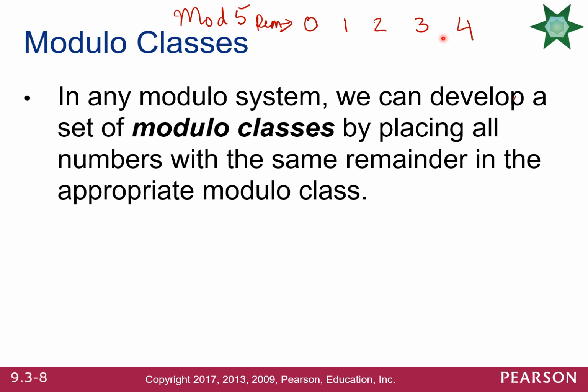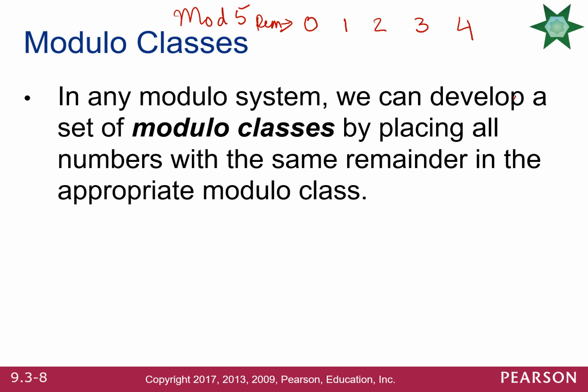We will see a concrete example in the next slide for a mod 7 system, but this is just to introduce you to what modulo classes are. It says in any modulo system we can develop a set of modulo classes by placing all integer numbers with the same remainder in the appropriate modulo class.